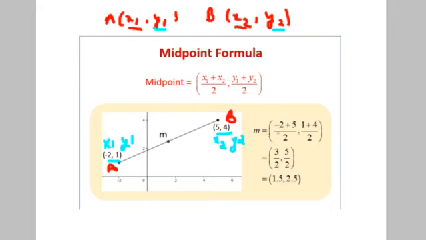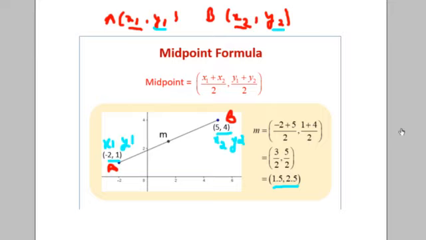So the midpoint becomes the sum of the x coordinates, that is -2 plus 5, divided by 2, and 1 plus 4 divided by 2, and it comes to (1.5, 2.5). So this formula is very important for us to find the midpoint.